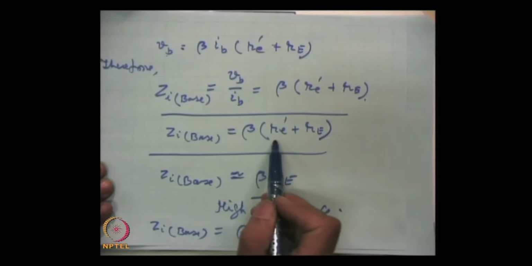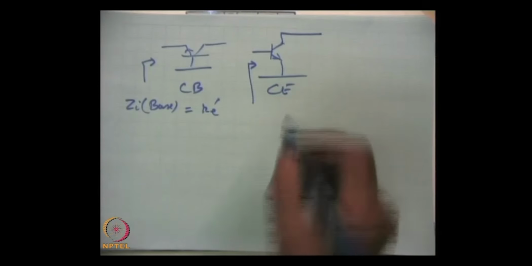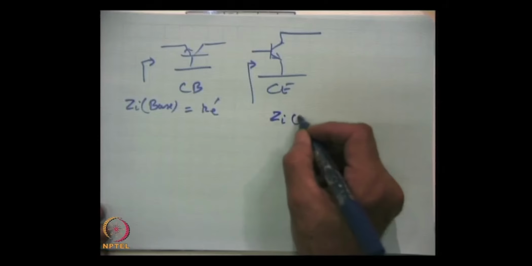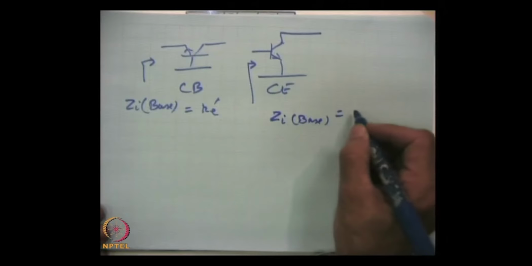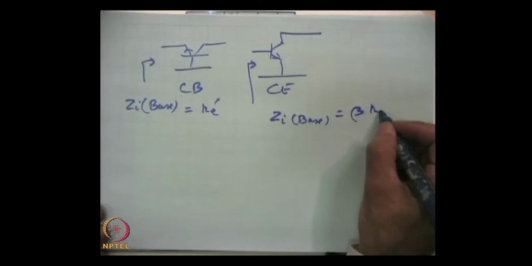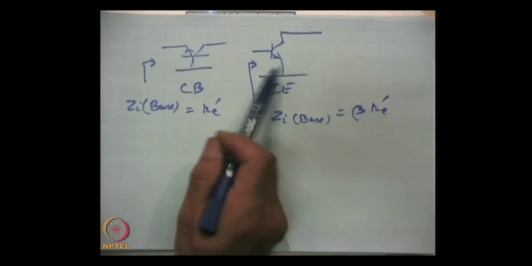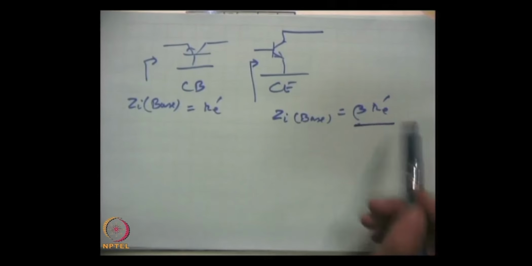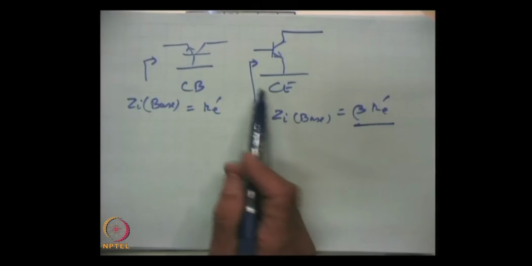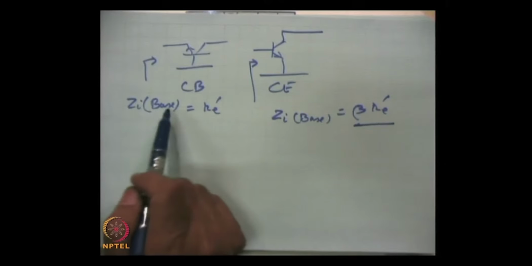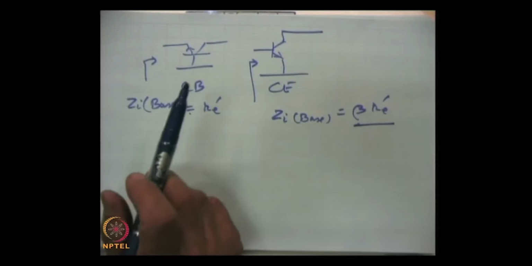So, it is beta R E prime. So, in this case Z I base is beta times R E prime. So, the important point is same junction gives here a much higher impedance looking at the base than in the case of C B. Why it is so?